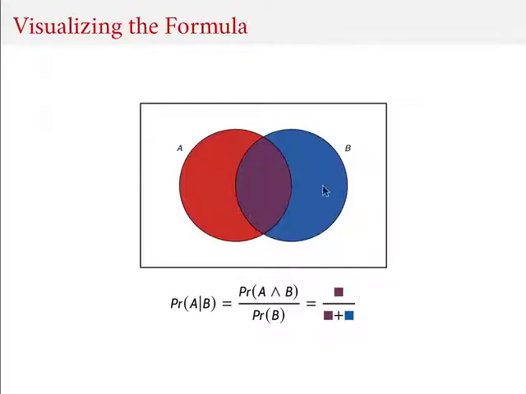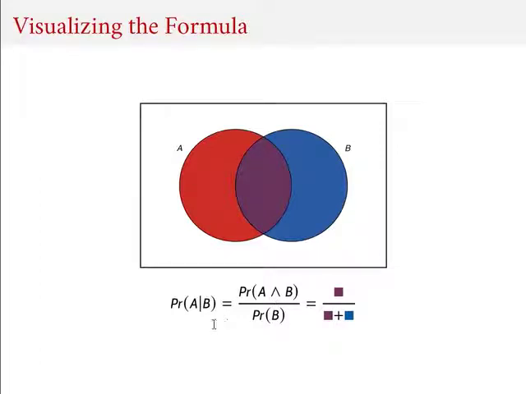So in this case, where A is H and B is E, there's some overlap between the possibilities of A and B. So this purple area is the amount of probability that A and B, the conjunction, has.